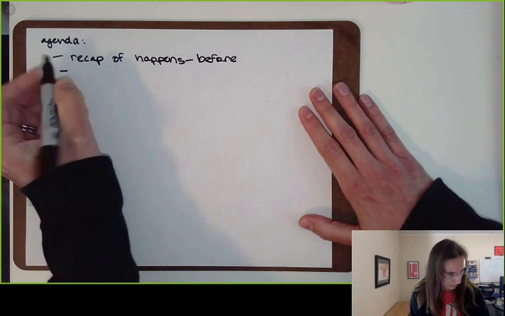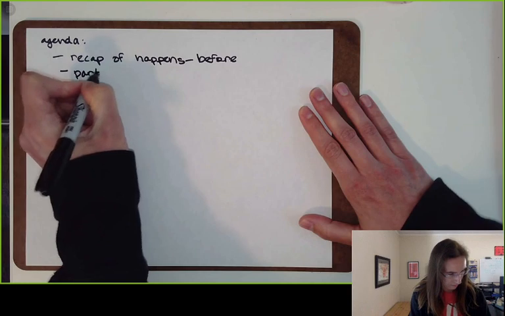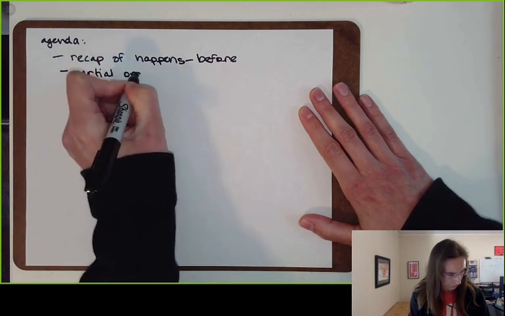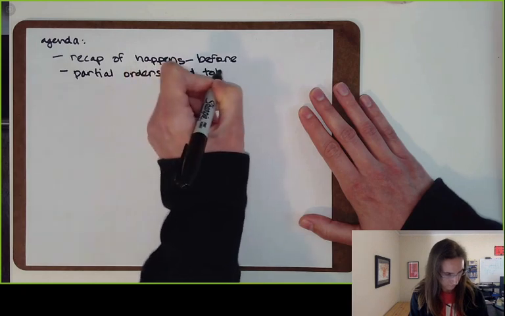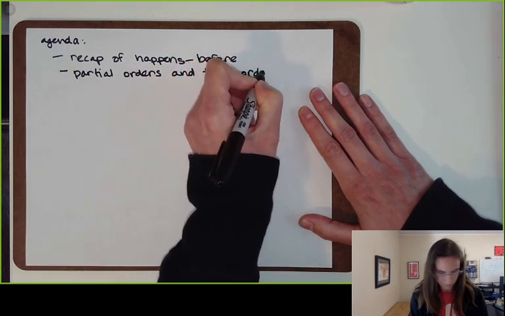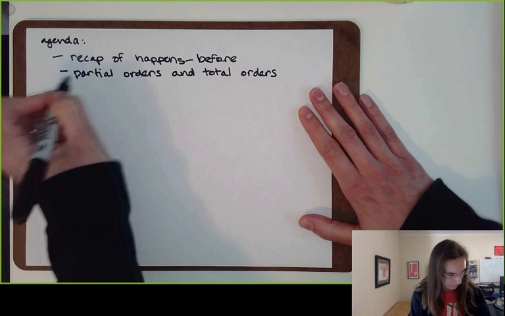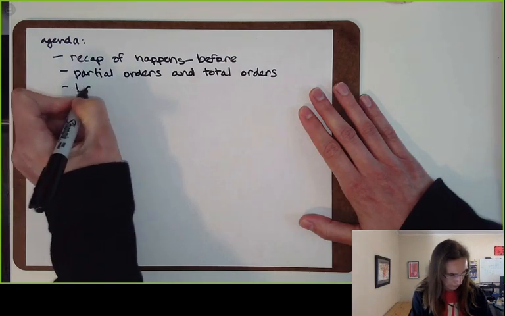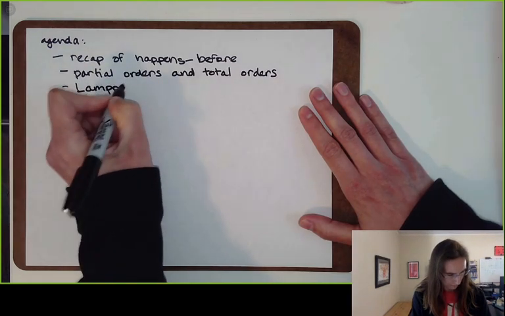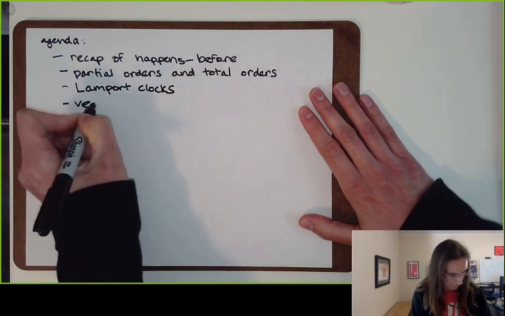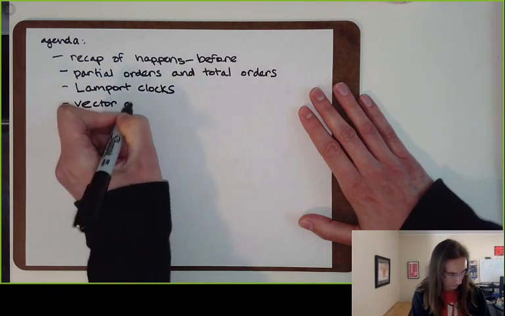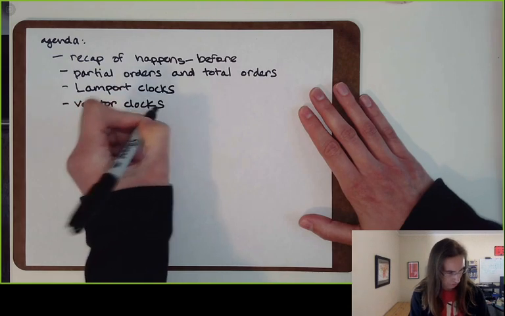Today we're going to talk about partial orders and total orders, Lamport clocks, and vector clocks. I think that should be enough for today.